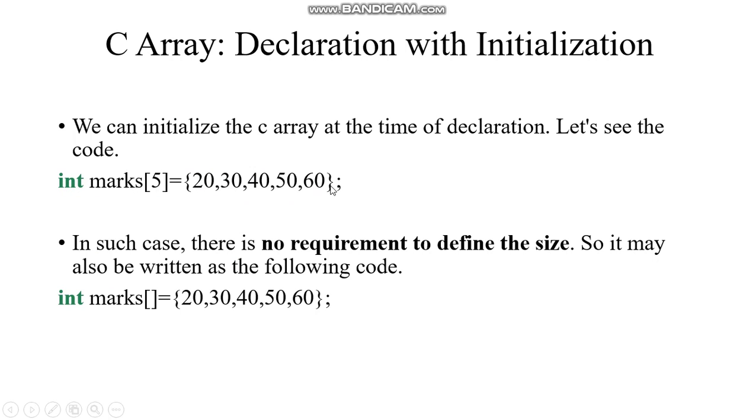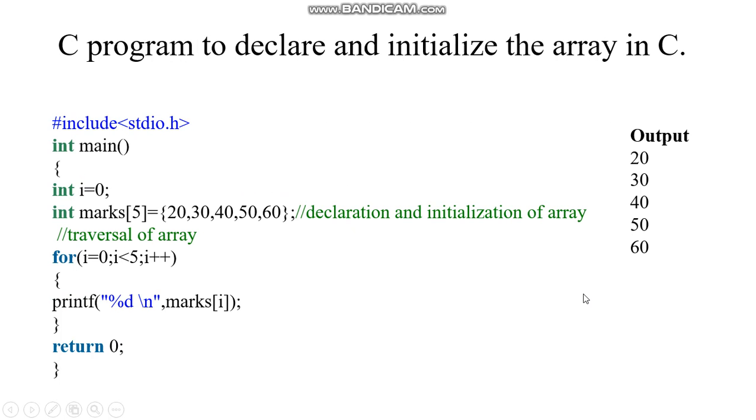For initialization, all the values of the array can be listed in braces, opening and closing, with the data separated by commas. An example program is given here. We declare and initialize the values in the same statement and print them in a for loop. The output will be displayed one by one because of the \n given here. I hope you can understand.